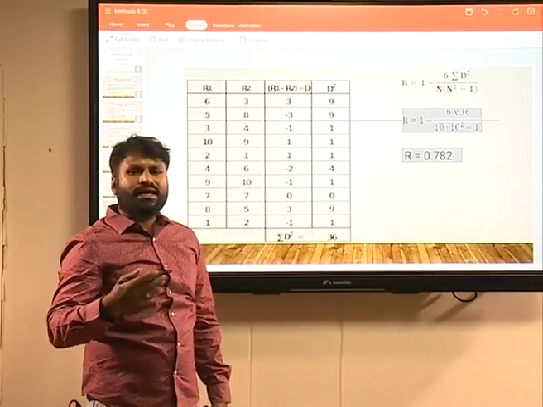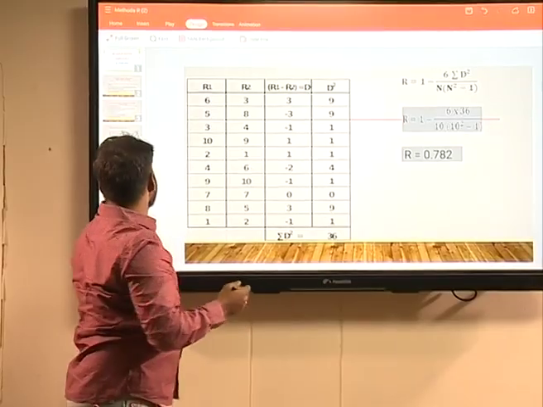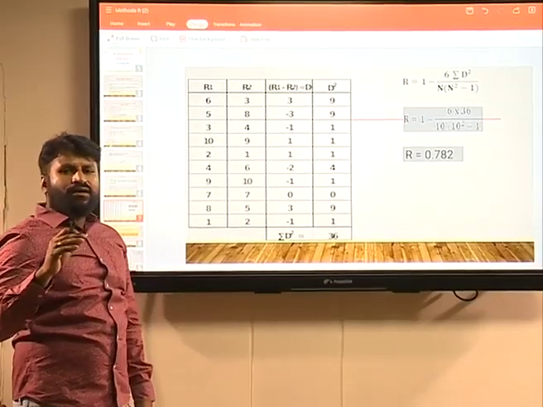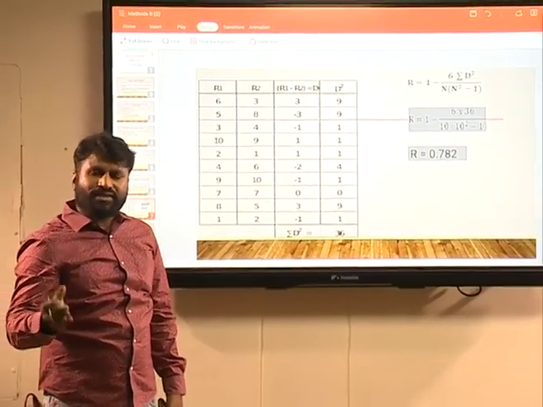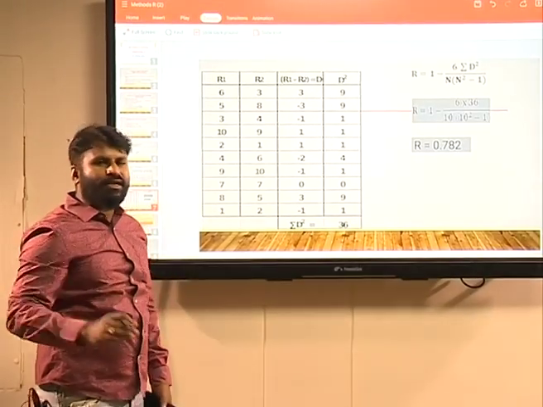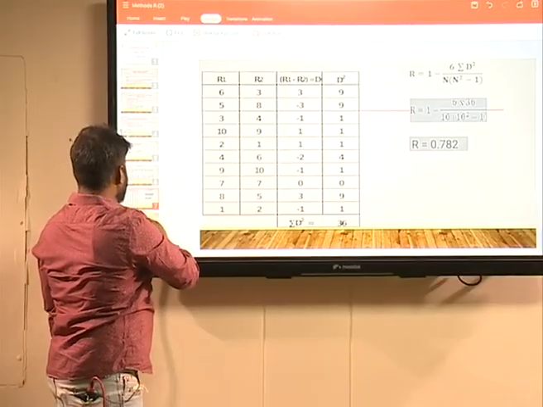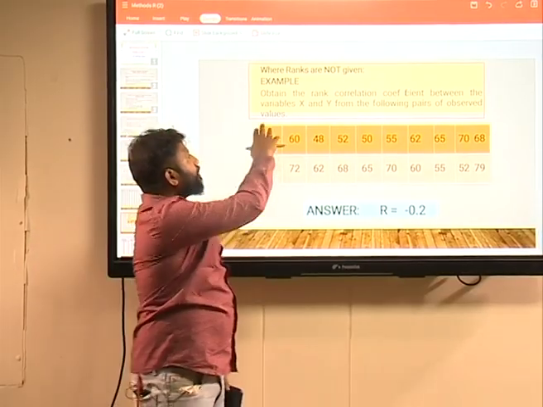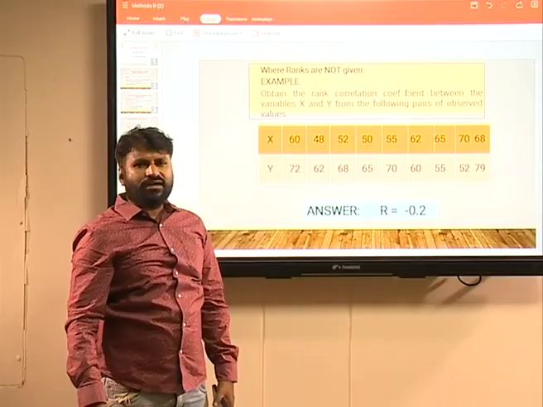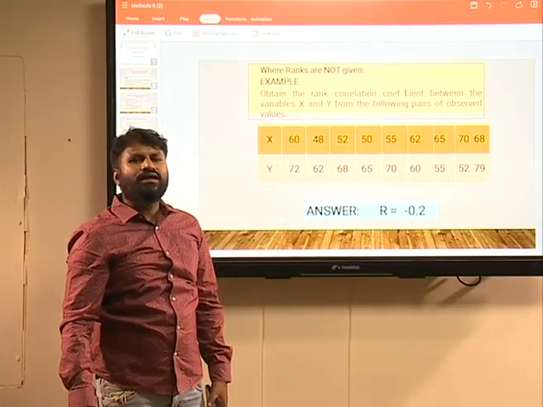Now we go for the second method, that is when the ranks are not given, only the data set is given, how to calculate the correlation. So now let us do that. See, the second method where ranks are not given, how to calculate the correlation.